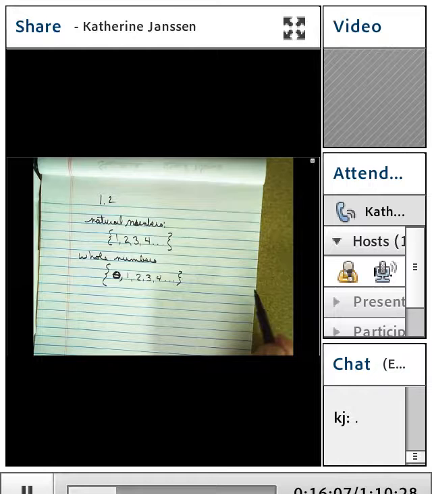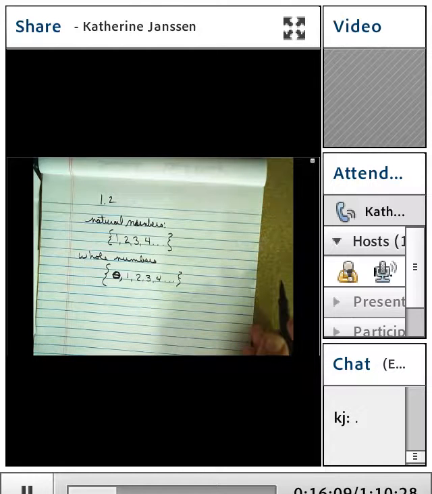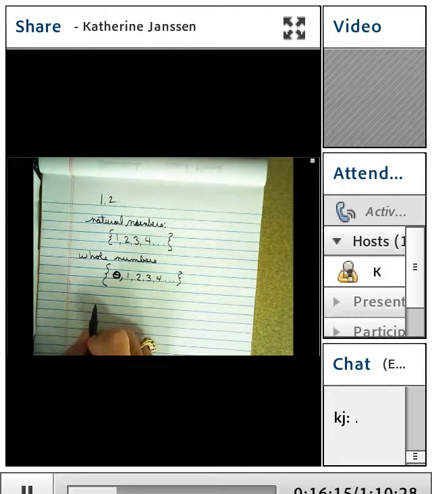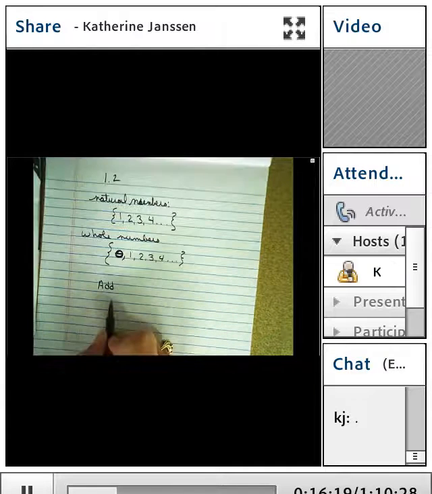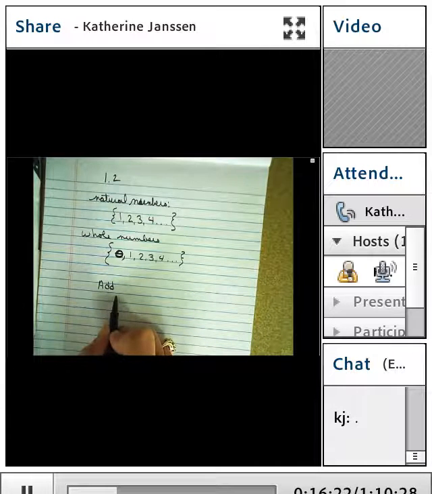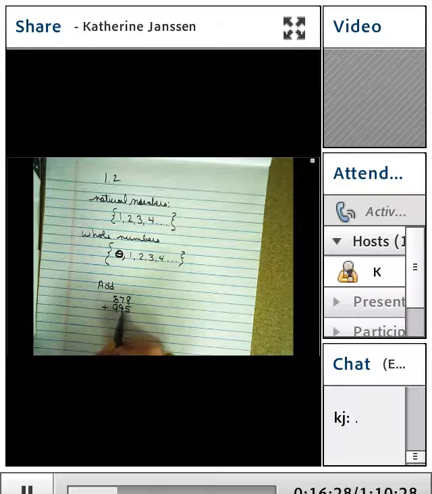Then we begin to use these numbers in arithmetic ways. The first thing we want to do is add whole numbers. So when we add 878 plus 995, we'll use our calculator.